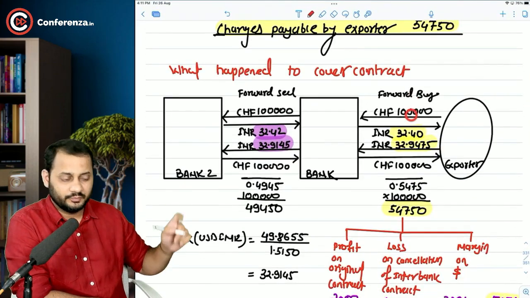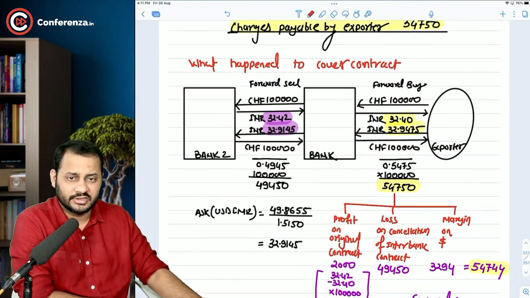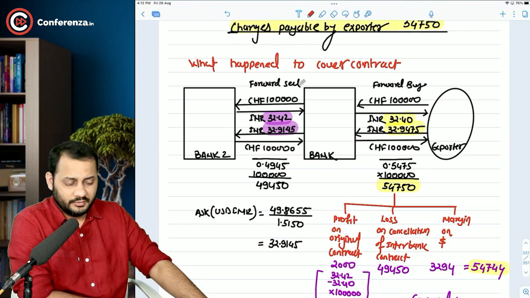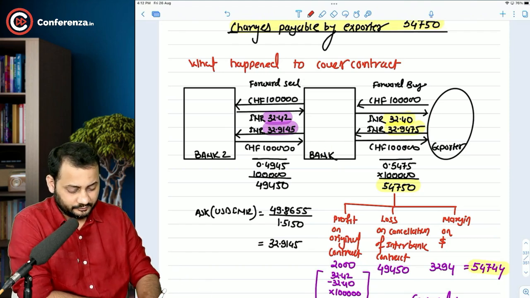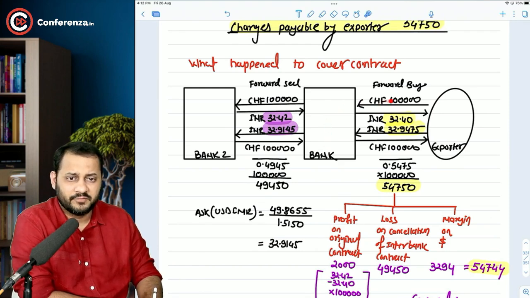This is bank 2. Let's just take a moment to understand this concept. This is our bank. Now the original contract is this one.